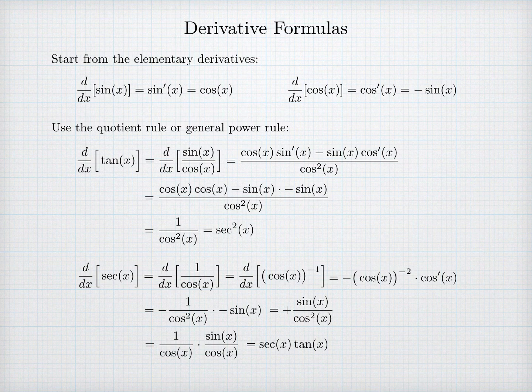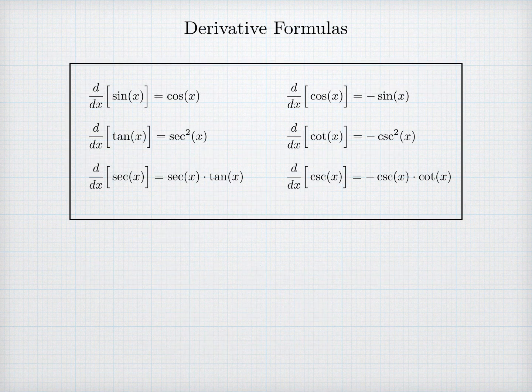Okay, I can do the same thing for the cosecant and the cotangent, and I get the following derivatives. Notice that there's a pattern. The derivatives we find for sine, tangent, and secant, they all have a positive sign. It's the cosine, the secant squared, and the secant times the tangent.